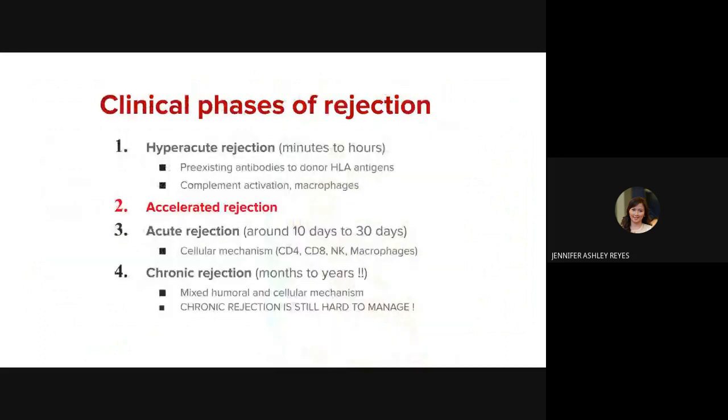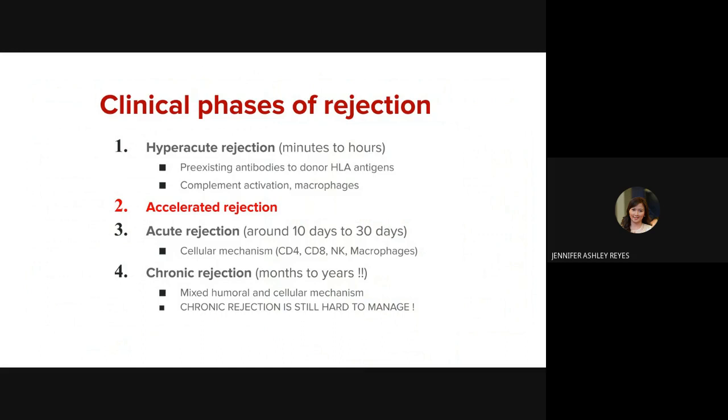So as a recall, these are the clinical phases of rejection. Again, rejection response against solid organ transplant is initiated mainly by host T cells that recognize foreign HLA antigens on the graft, either directly, yung direct talaga yung APCs ng graft, nagpe-present ng peptide, or indirectly wherein APCs ng host, yung kumuha ng peptide, ipe-present kay T cell.